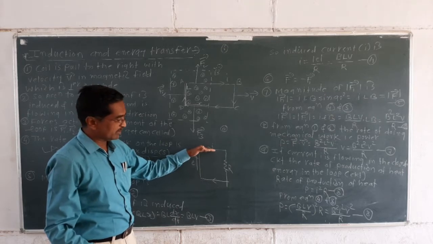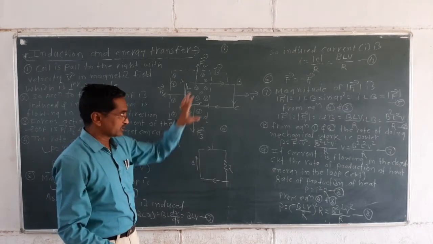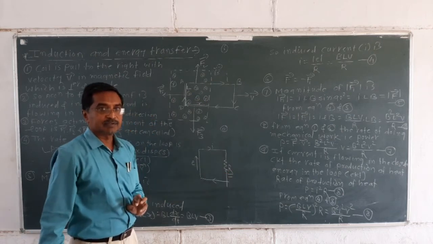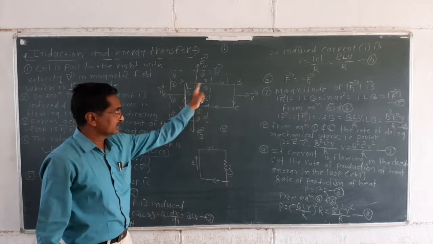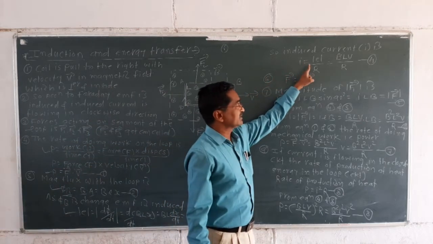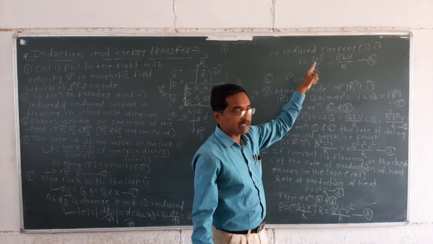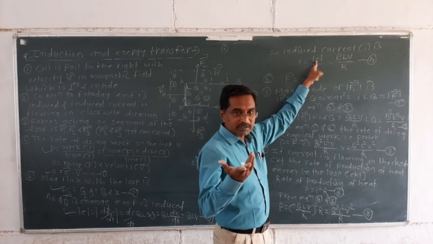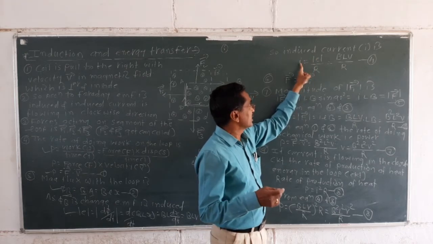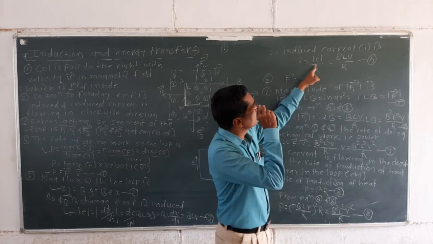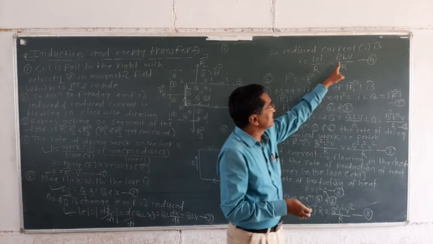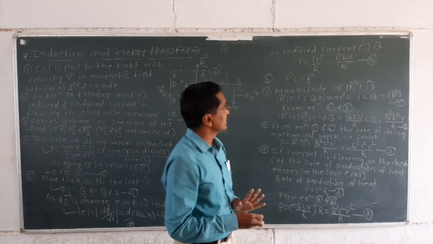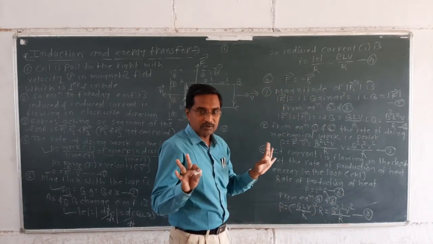Due to that induced EMF, induced current is flowing, and the resistance of that loop is R. So how do you calculate the current? The current is V upon R, where V is the EMF, which is nothing but the voltage. So current I is equal to E upon R. Put the value of E, that is B L V, from the previous equation. This is equation number 4.